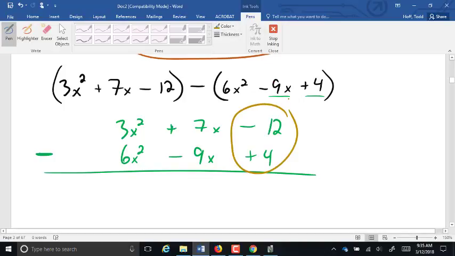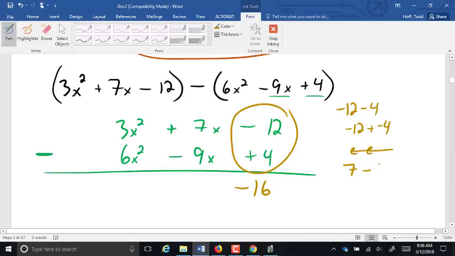So we have negative 12 minus 4. Negative 12 minus 4 becomes negative 12 plus a negative 4. So negative 12 plus a negative 4 is negative 16 ones. Then 7x minus negative 9x.